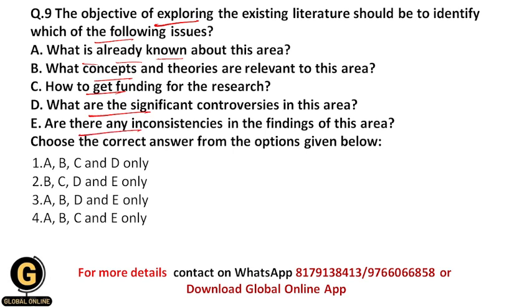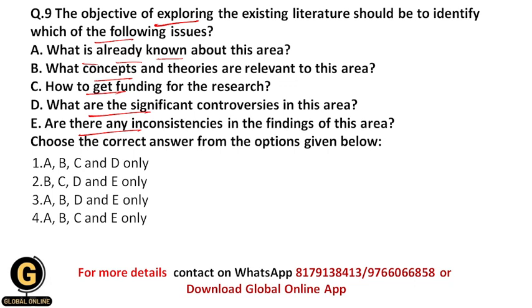So basically reviewing the existing literature means we find the theories or the articles published by other authors or researchers before us.